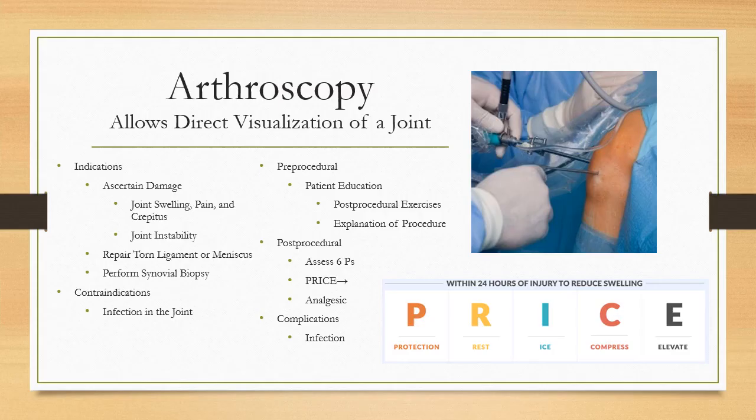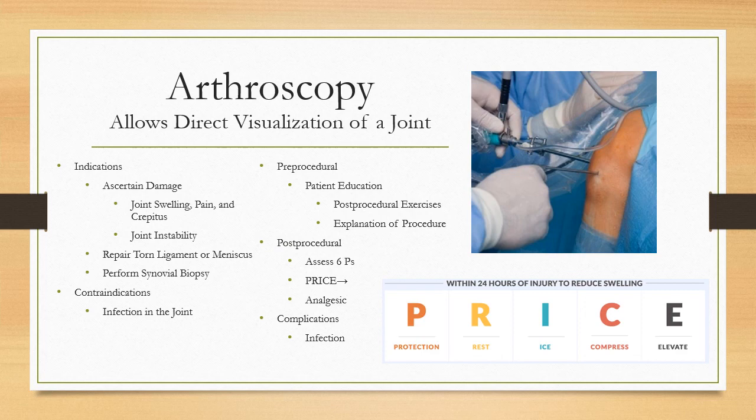Okay, so here's an arthroscopy. Looks like it's being done on a, that could be a shoulder or a knee. Hard to tell from this image. But there are arthroscopies done on either of those joints. So arthroscopies are super common, especially of the knee joint.